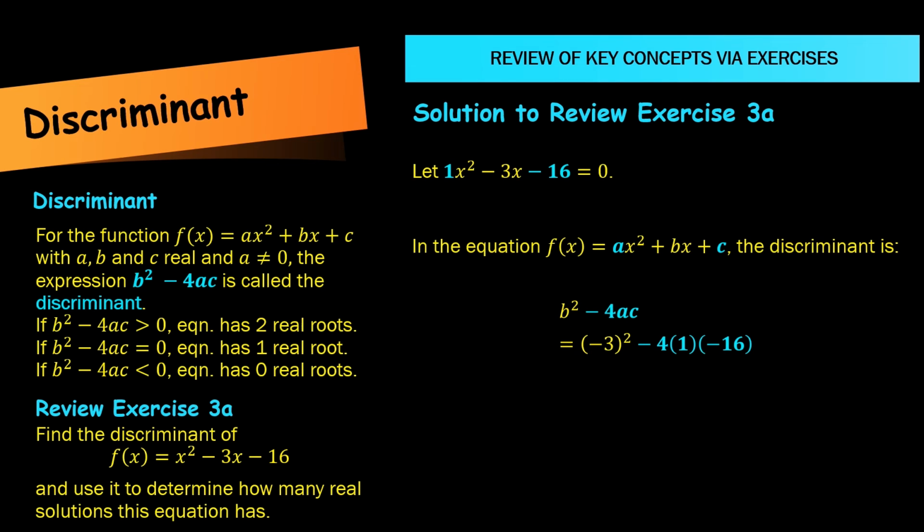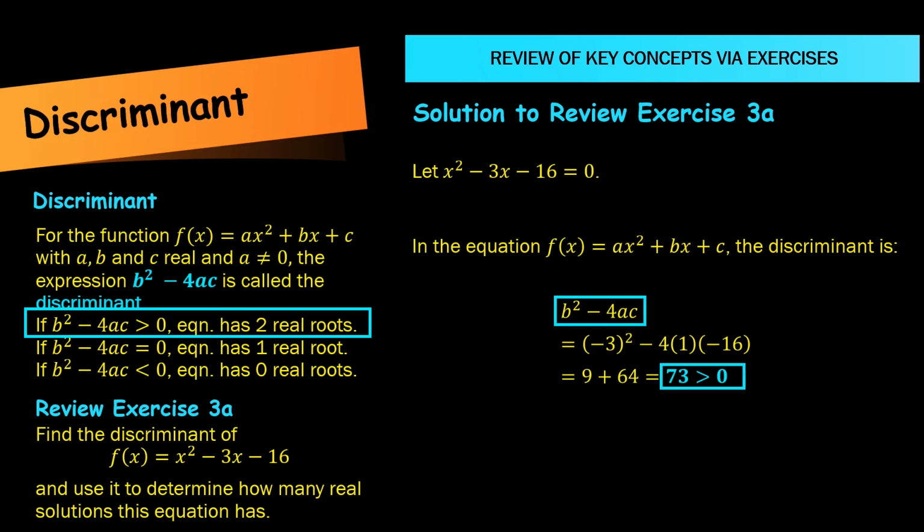This equals 9 plus 64, which is equal to 73. Of course, 73 is greater than 0, and therefore the equation has two real roots.